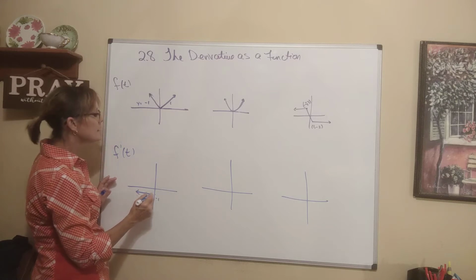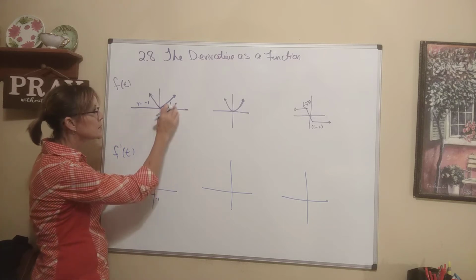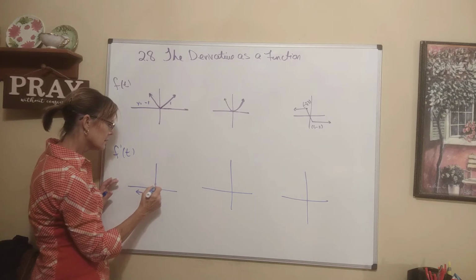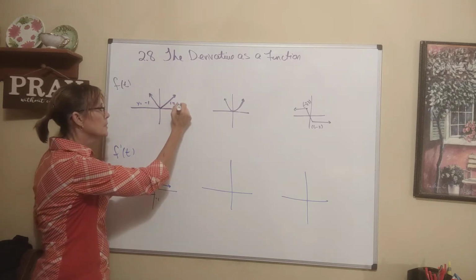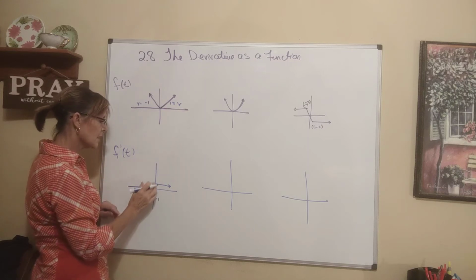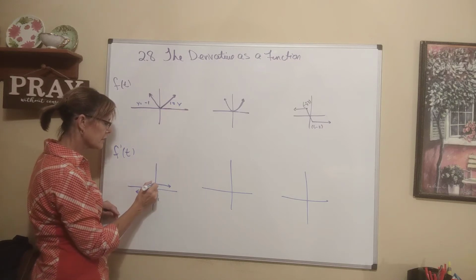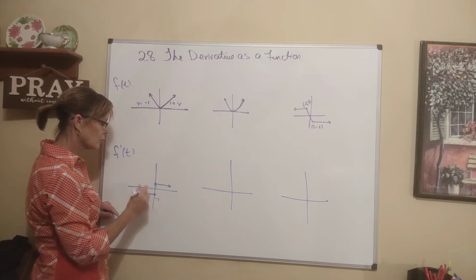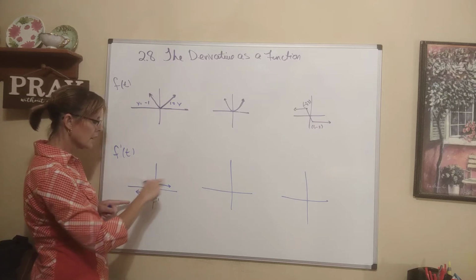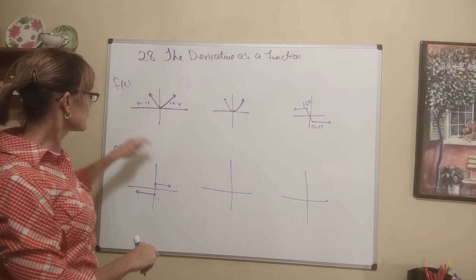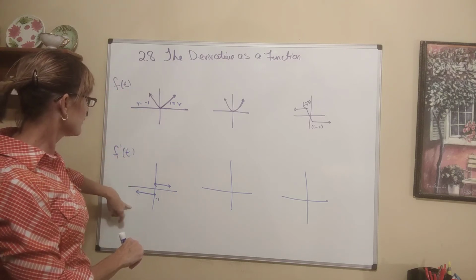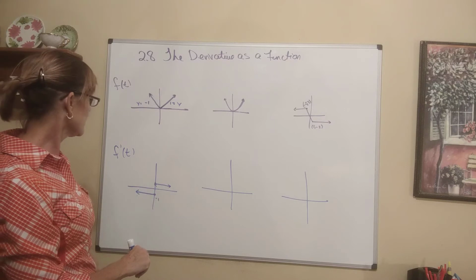Okay, but once it hits 0, it jumps up here to 1. So if this is 1, then y equals 1 is what it looks like on that part. You could make these open circles right here if you wanted to. I don't know really who 0 belongs to, probably neither one, but that's kind of a picture of the derivative of that. The slope of this function is -1 down here, and then it's 1 over here.